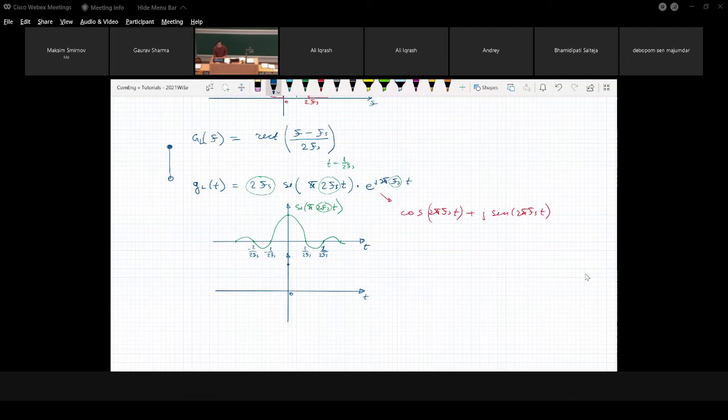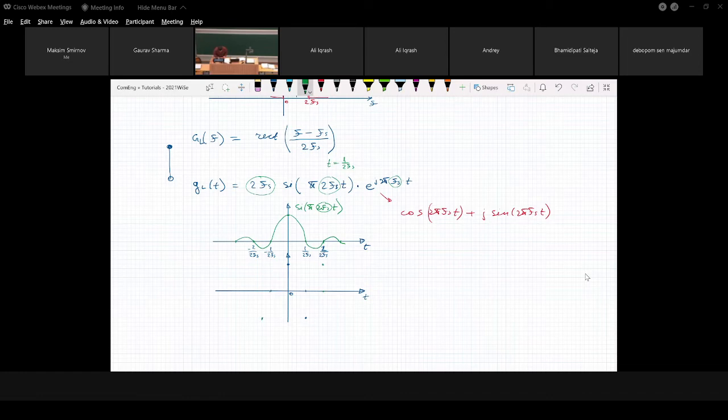Minus 1. So we have 1 at 0, and at 1 over 2 fs, we get minus 1. And we just continue this, minus, and then plus, and so on and so forth.